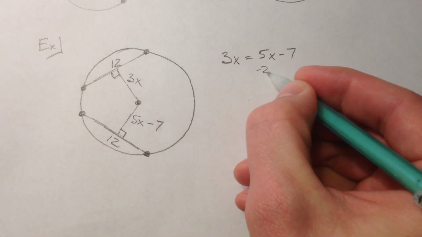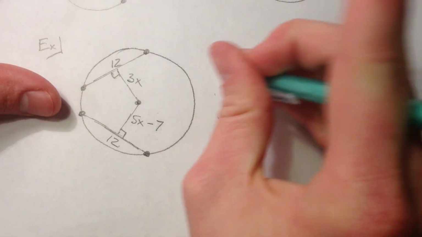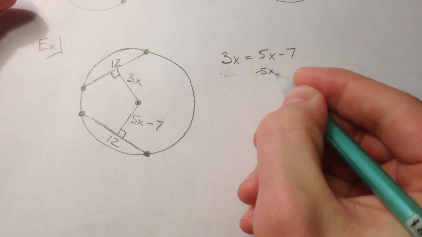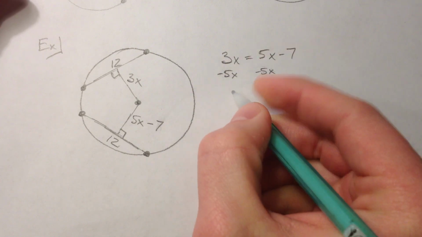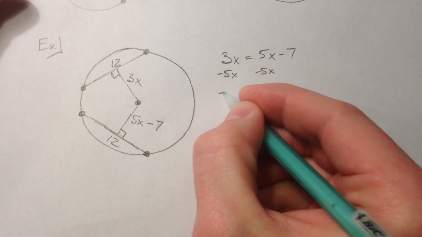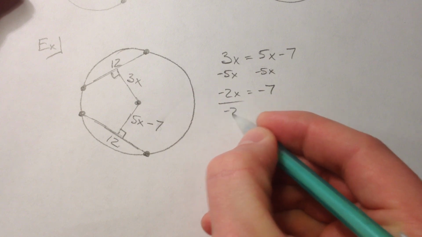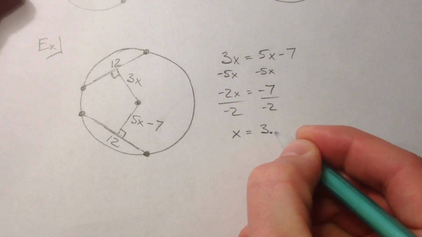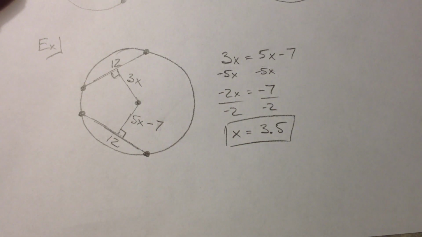So if I subtract 5x, some of you may wish to subtract the 3x over and add the 7 over, that's fine. So I get negative 2x equals negative 7. If I then divide by negative 2, I get x equals 3.5, or 7 halves if you will.